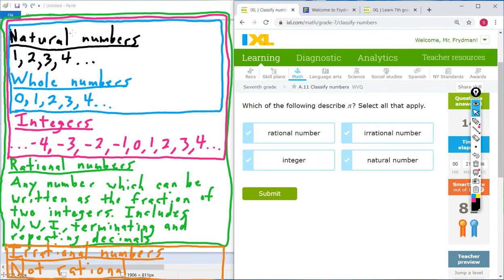And conversely, if something is a natural number, a whole number, an integer, or a rational number, then it's not an irrational number. It's either one or the other. It's either irrational or it's rational. And rational includes all of these also. So pi is an irrational number only. It is not any of these other categories.